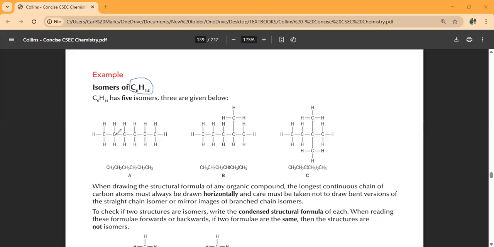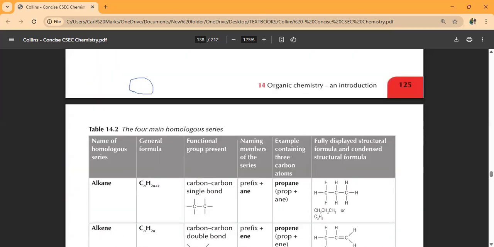Name this one. 1, 2, 3, 4, 5, 6. What's the prefix there? Let me back up. So the prefix is going to be what? If you have 6 carbons, what's our prefix?